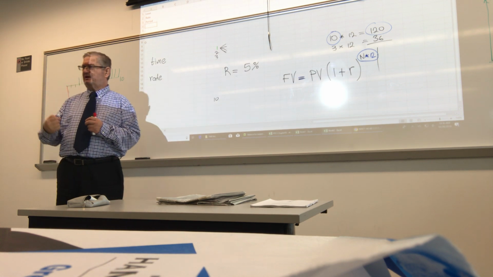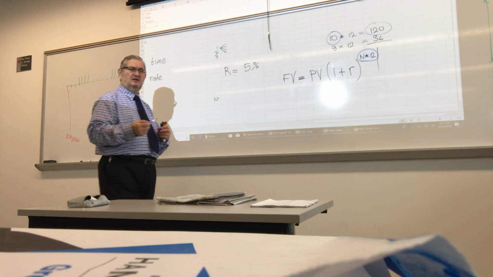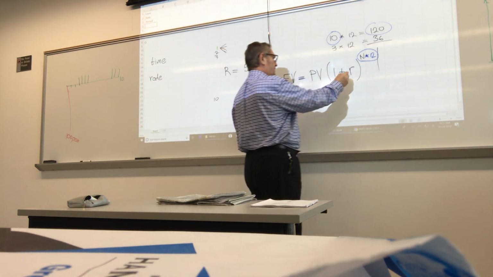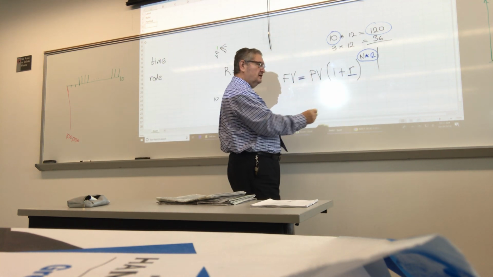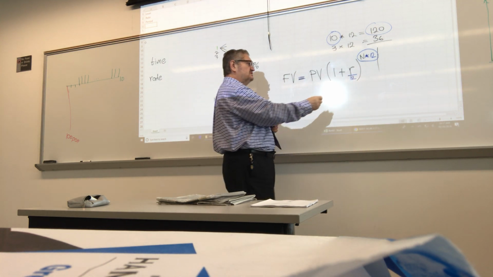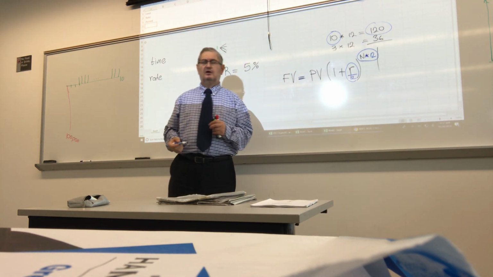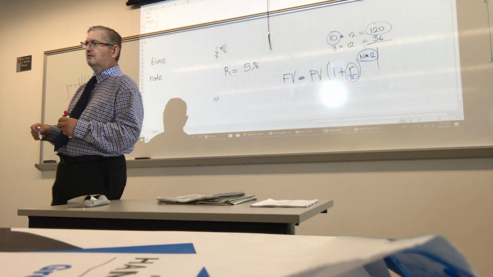And I want to divide something by the same factor, so I'll keep things the same. I divide the rate over the 12 periods. And that becomes the monthly rate, which is equivalent to the annual rate that I had before.